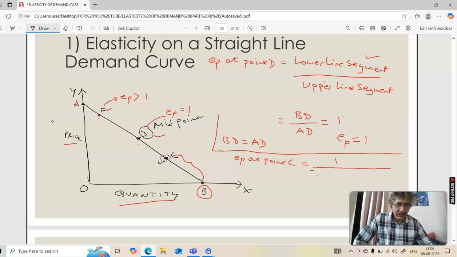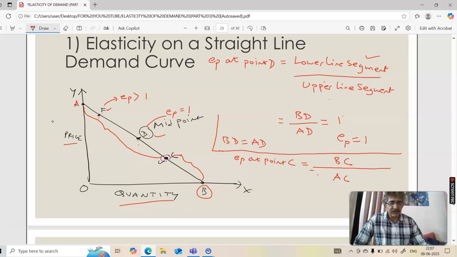So BC will be the numerator as per the formula. And what is the upper line segment? The upper line segment is the length from A to C. So AC becomes the denominator. You can make out which segment is bigger in this case.